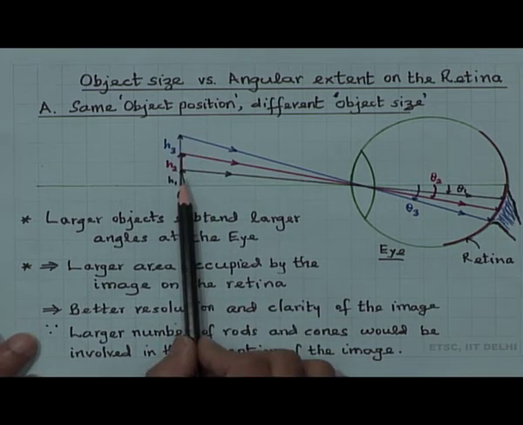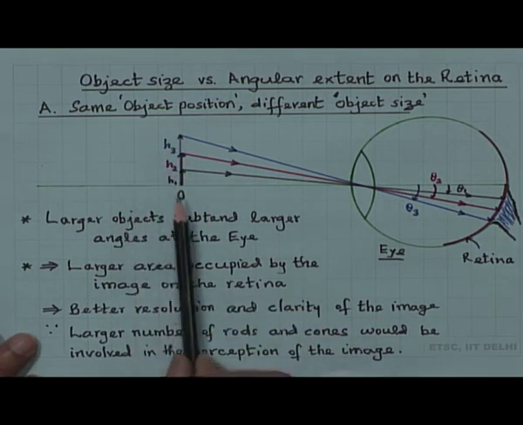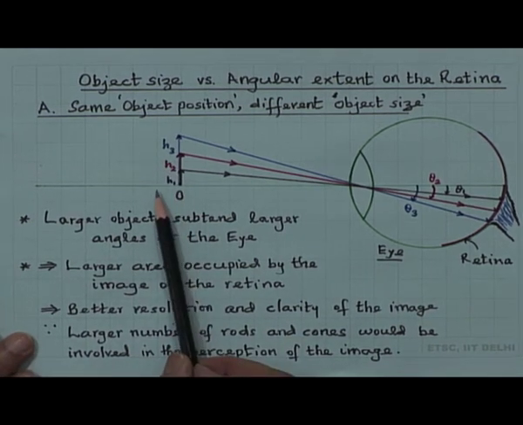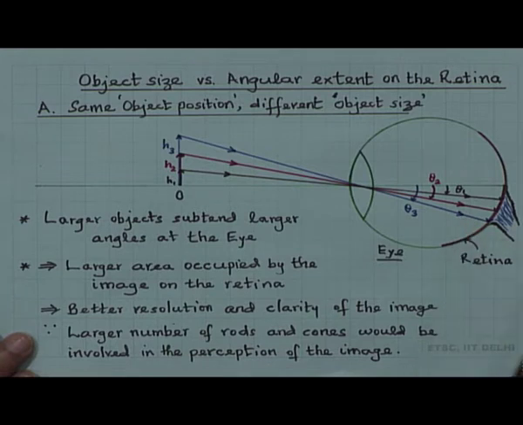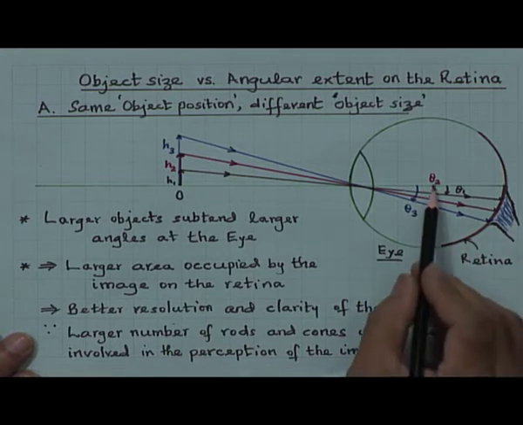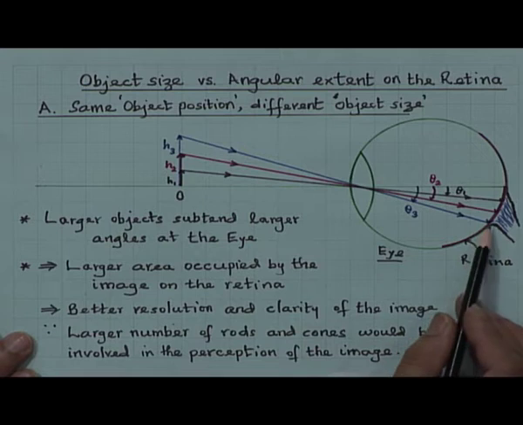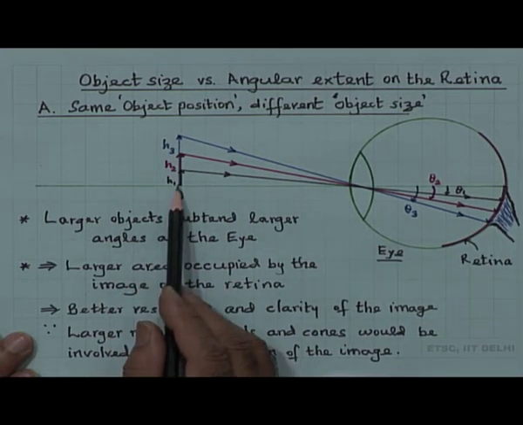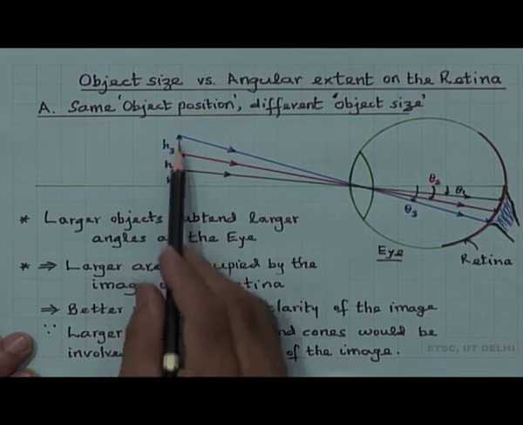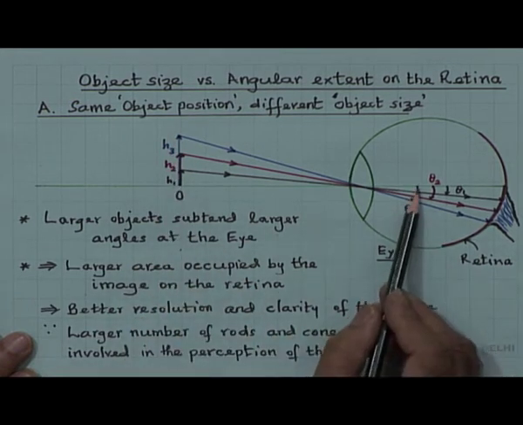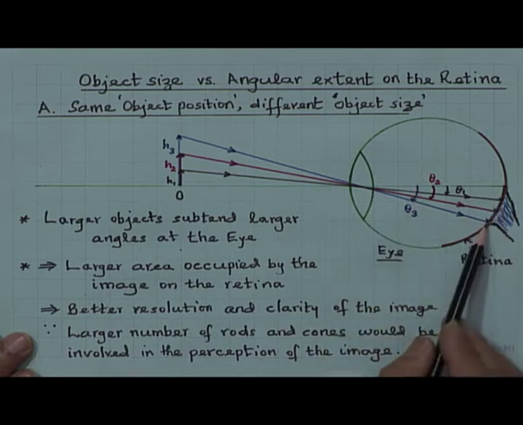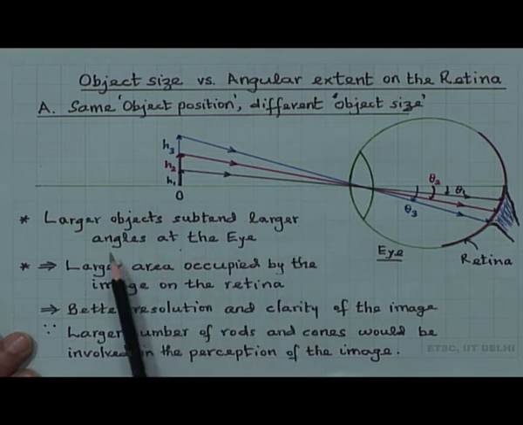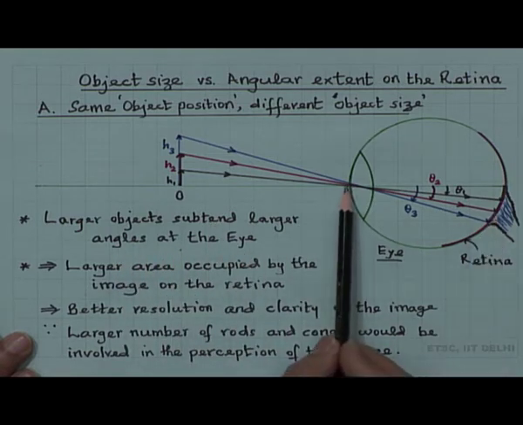Here I have illustrated 3 different objects of height h1, h2, h3 at the same position. What is shown here is that the angular extent for the 3 objects are different. The larger the size of the object, the larger the angular extent on the retina. So, larger objects subtend larger angles at the eye.